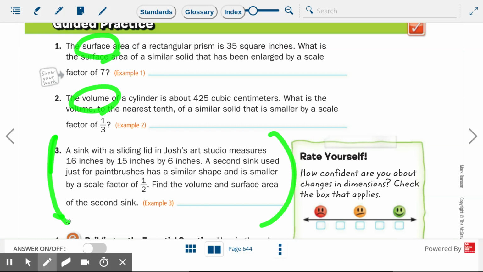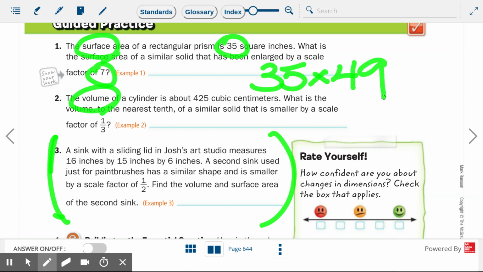If they give you a surface area and they say it's 35, and then enlarged by a scale factor of 7, since it's surface area, that would be 35 times 49, because we're going to take that scale factor and square it.